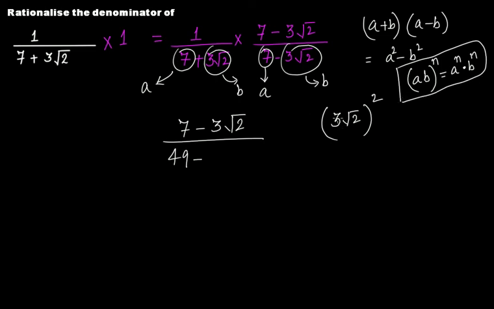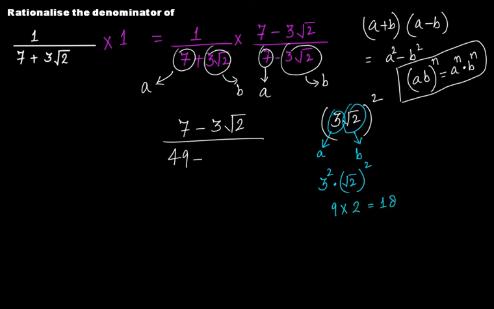Here in this case, your 3 is a, square root 2 is b, because 3 square root 2 means 3 multiplied by square root 2. So from here it is 3 squared multiplied by square root 2 whole squared. So this becomes 9 multiplied by square root 2 squared, which is 2. This gives you 18.